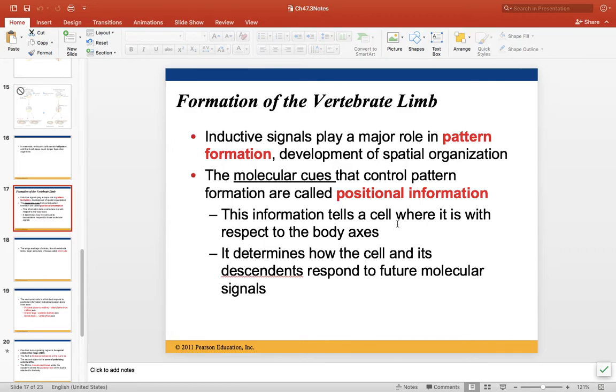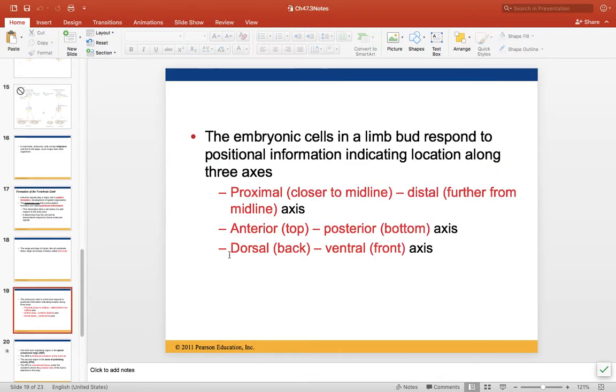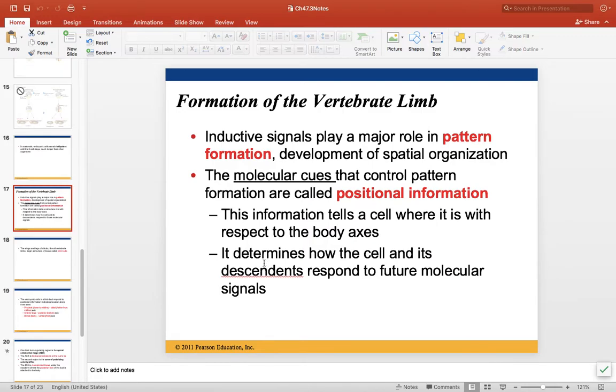Where is that cell in three-dimensional space? Which direction should that cell face? Not only in the position where it is, but in relation to other cells around it. It also determines how the cell and its descendants respond to future molecular signals. So if there was damage to a specific organ and your body is repairing it, it wants to make sure it repairs it in the right way so it looks exactly the same as it did previously.